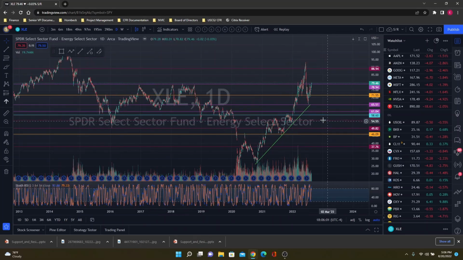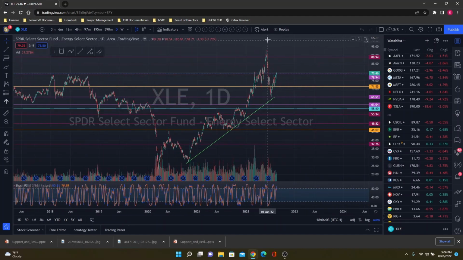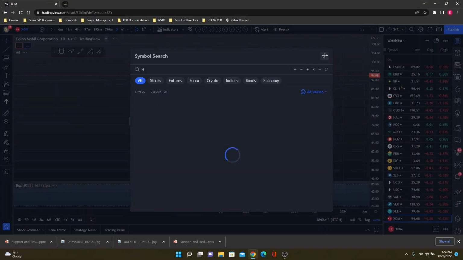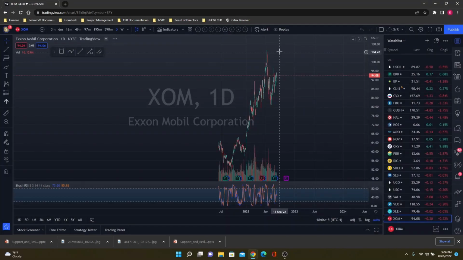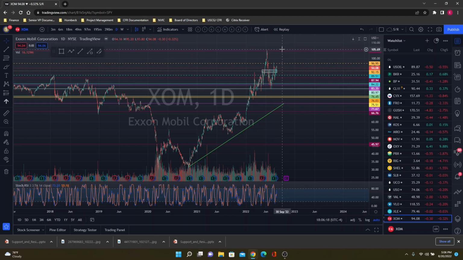So anyhow, looking at XLE, we had this sharp and very acute top here, and something I do occasionally when looking at something briefly is I'll place just a little notation, and I usually put it in green or red.